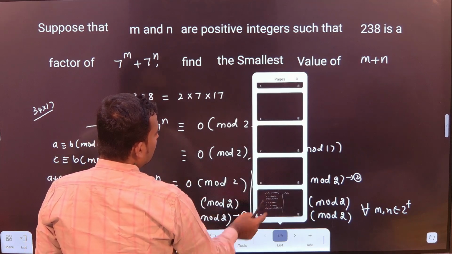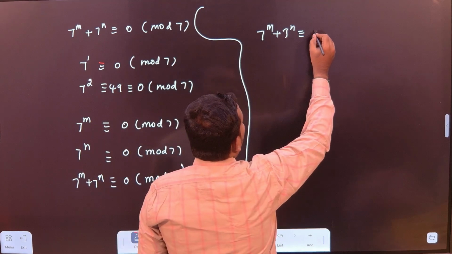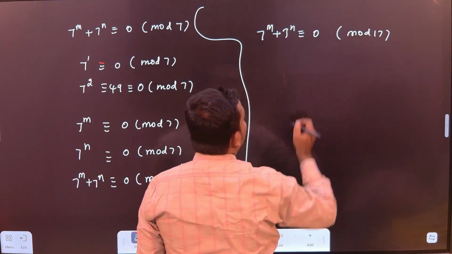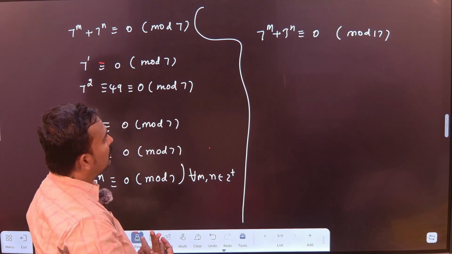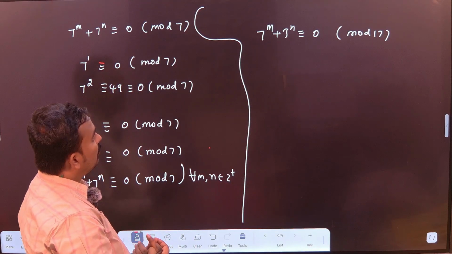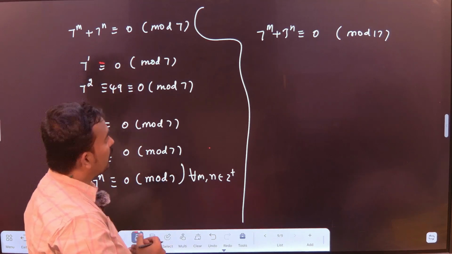Okay, how to check this one quickly? It's modulo 17, right? So you have to say 0. So how to check this one? What m, n will be satisfied, you have to check it, right?